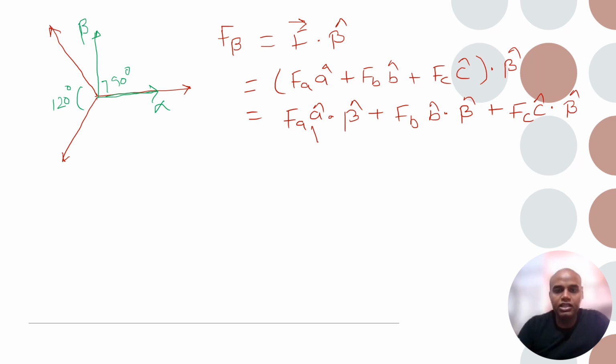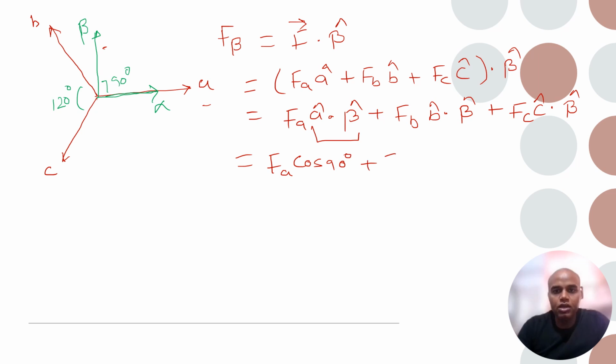So again finding the value, we will have the cosine of the angle between a and beta. This is my a phase, this is b, and this is c, and the angle between a and beta, because alpha is in phase with a, is nothing but 90 degree. So this will be Fa cos 90 degree.